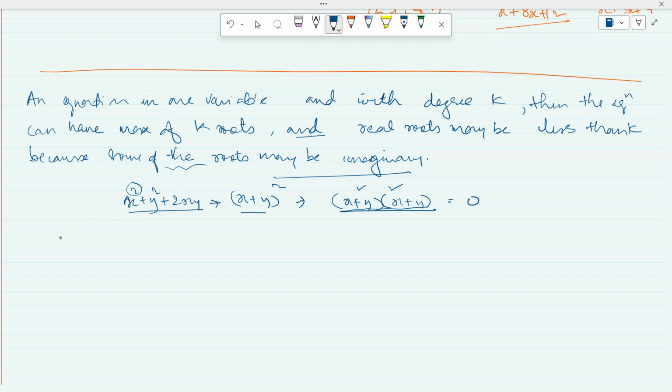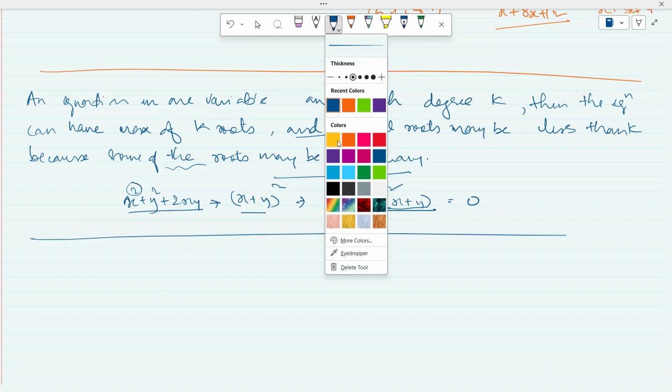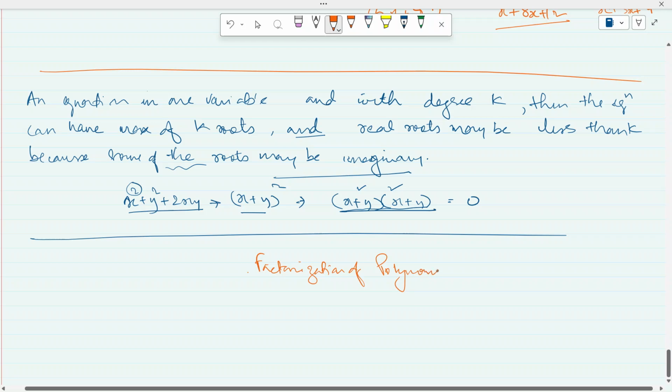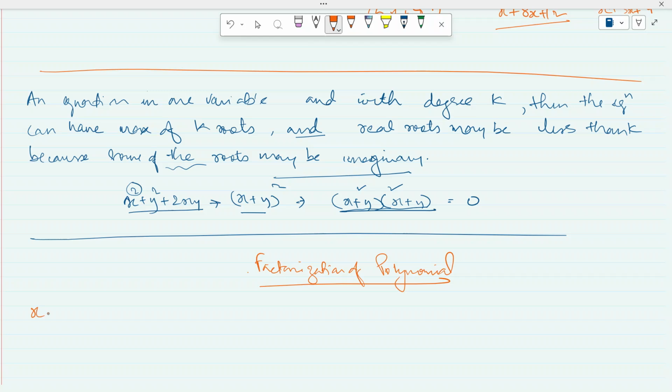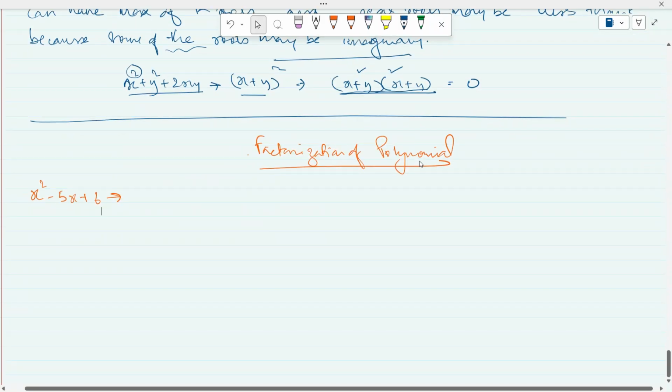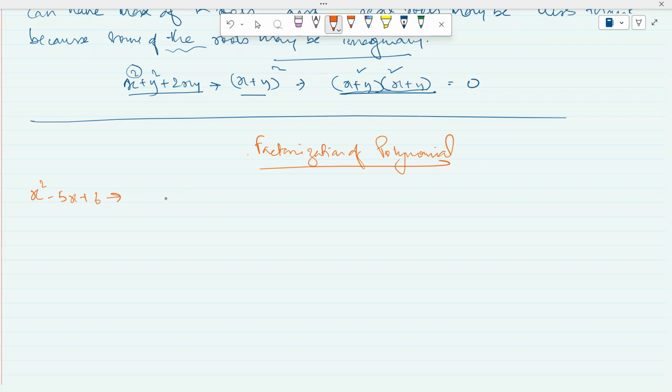Next is how to do factorization of a polynomial. Next we are going to deal with what is known as factorization of polynomials. So what does the word factorization mean? If we have an expression like this, it can be written as x minus 2 times x minus 3, because if you open this bracket up you will get this exactly.